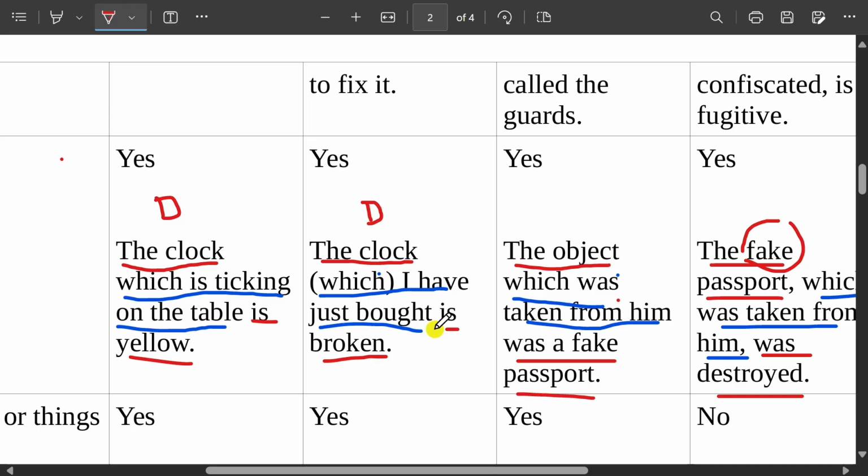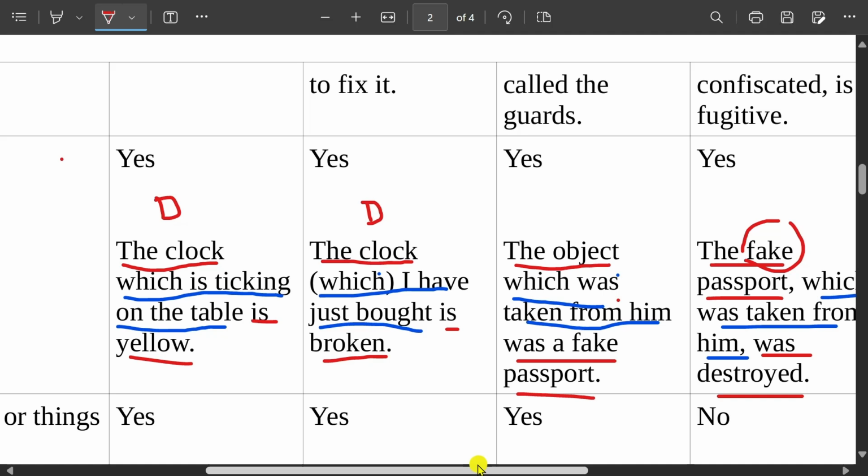You could still define which clocks. If they are many but in different colors, we can make it non-defining. If you say the red clock, and we both understand what the red clock is, then it will be non-defining. But just the clock will be a defining relative clause. Like before, so I write the dog. If I put the plural, this is 10.